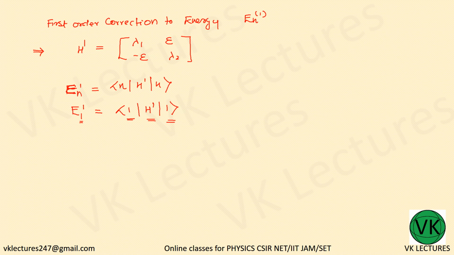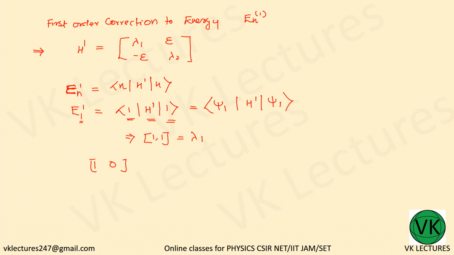What is 1 1 of H dash? 1 1 means what is the 1 comma 1? First row, first column of H dash, that is equal to lambda 1. Now this also you can get it from 1 is the vector, that is 1 comma 0. This is psi 1, H dash, psi 1.